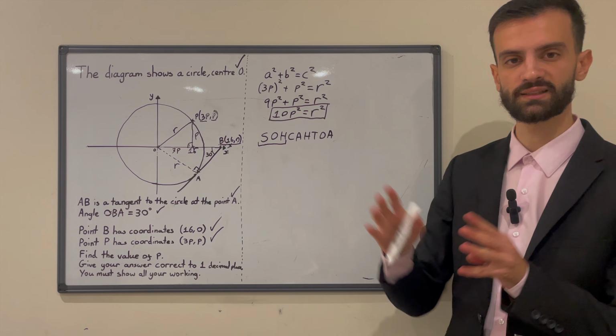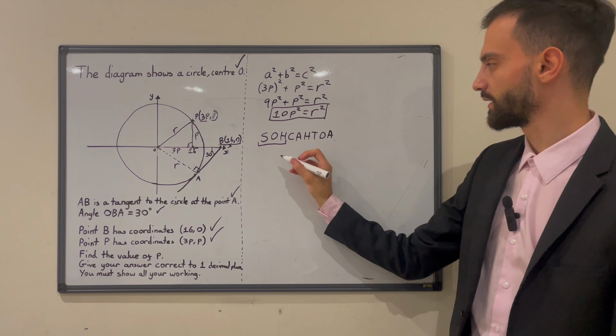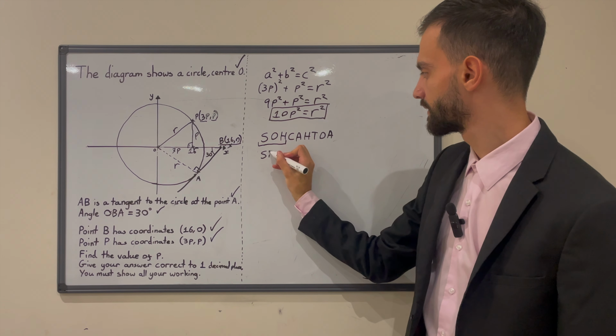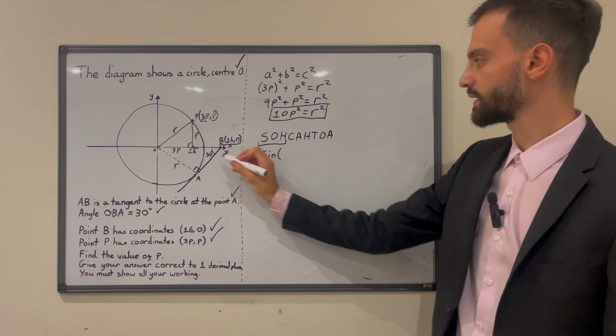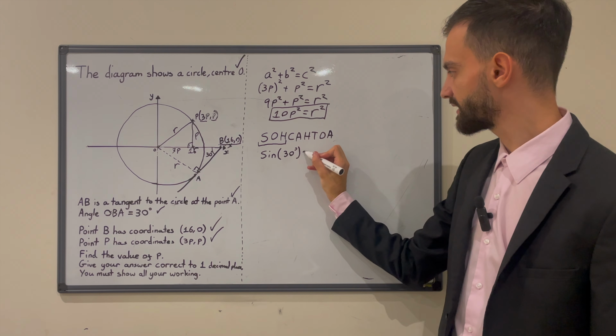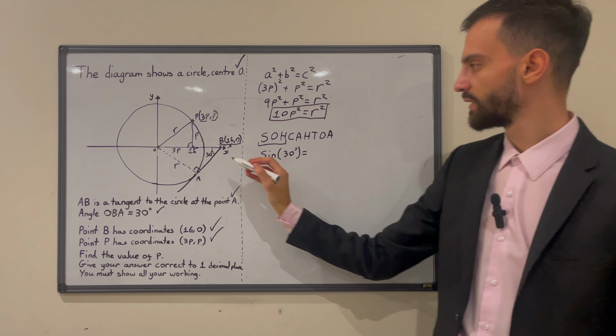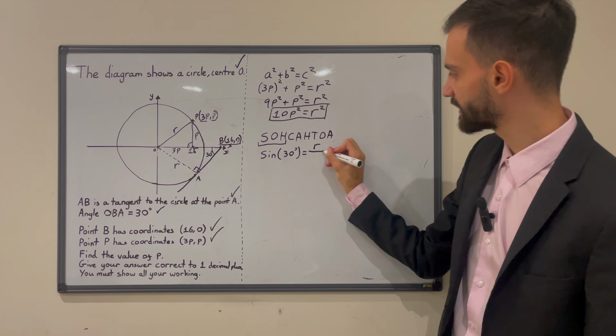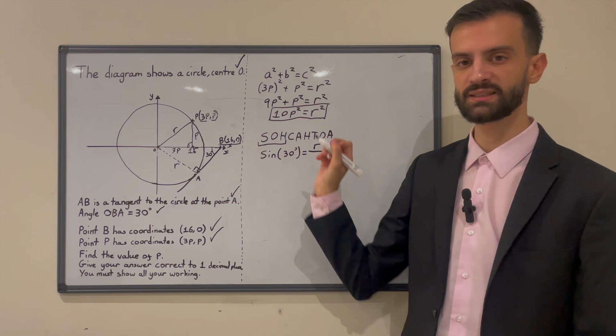So we use our sine formula, and we'll write that out just below here. We have sine of angle, which is 30, and that's going to be equal to our opposite, which is our radius, so we have radius divided by our hypotenuse, which is 16.